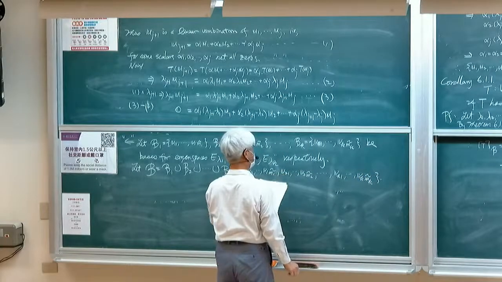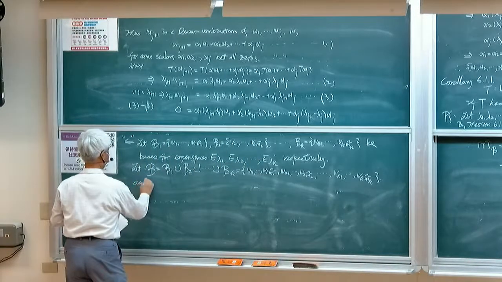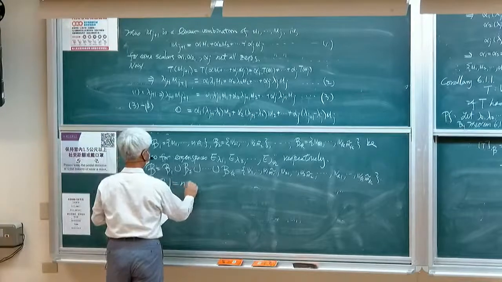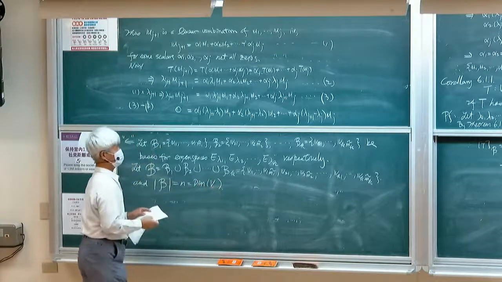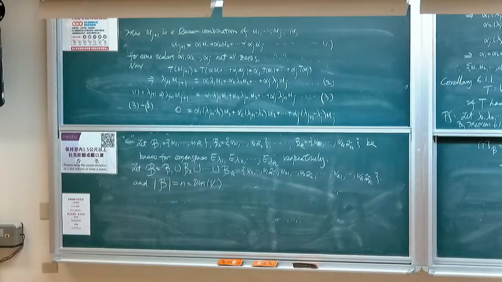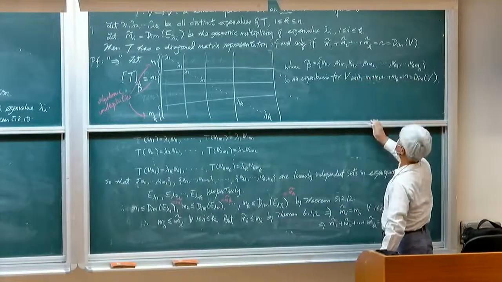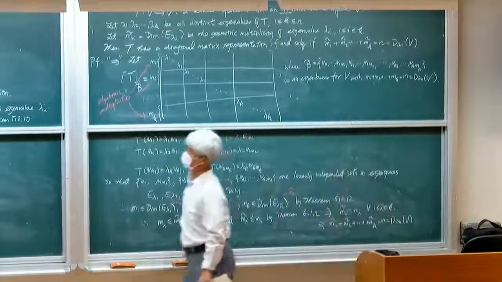The size of this set is n, the dimension of V. Why? Because this is our assumption, right? We assume that the sum is equal to n.